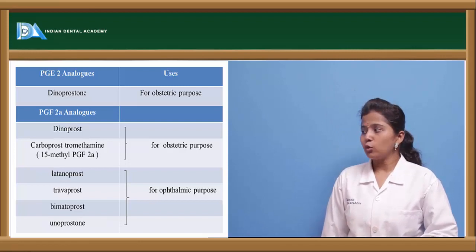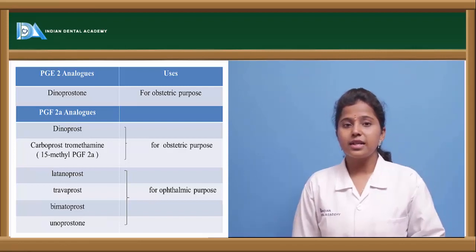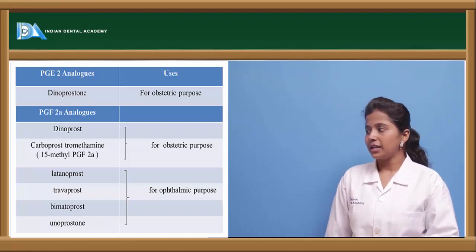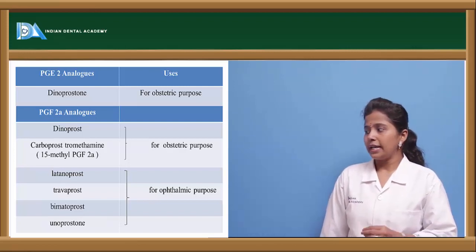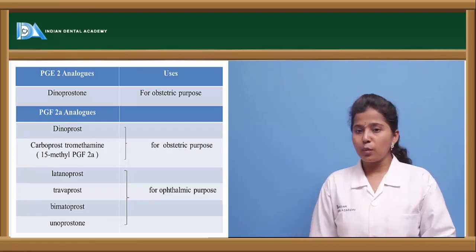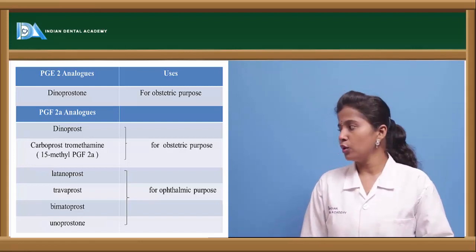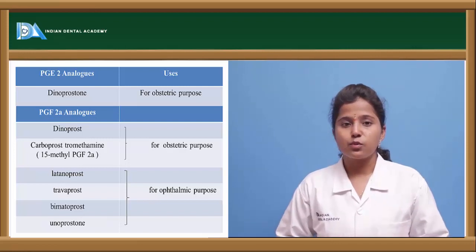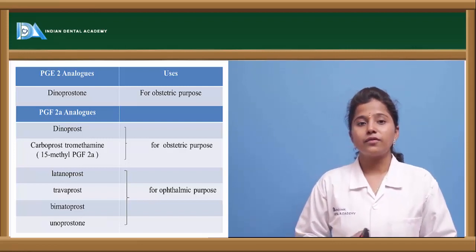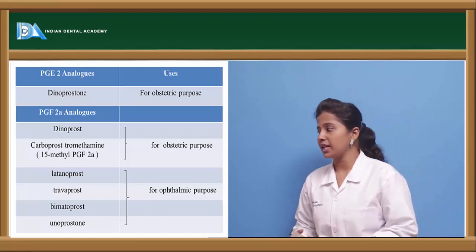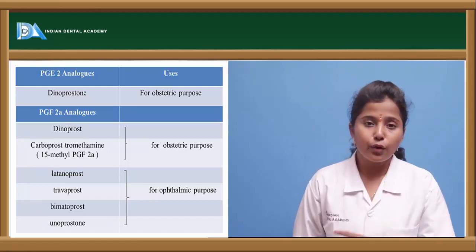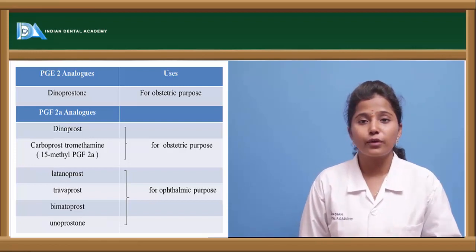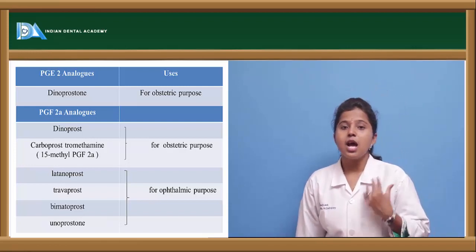And PGF2A analogs. There are various analogs of PGF2A. The first one is dinoprost, and the others are carboprost, latanoprost, travoprost, bimatoprost, as well as unoprostone. So these are used for two purposes. One is for abortion in pregnant women. The other one is ophthalmic use. A few of these PGF2A analogs are used in ophthalmic preparations.